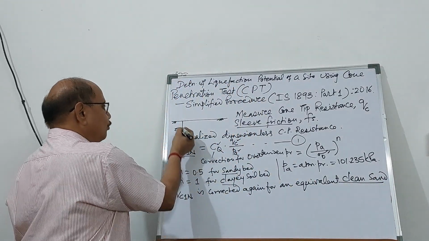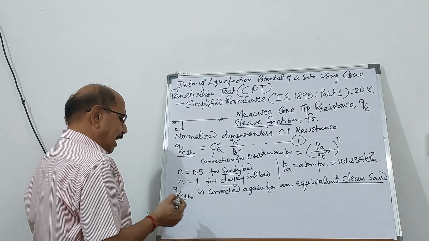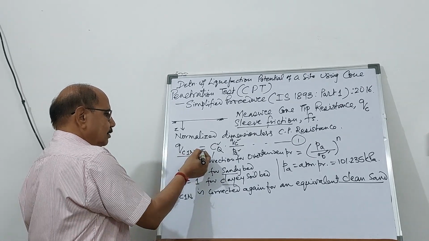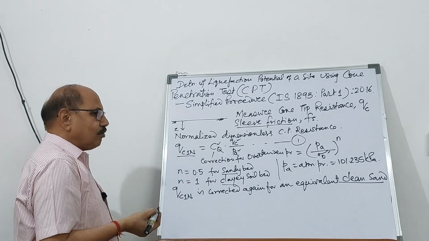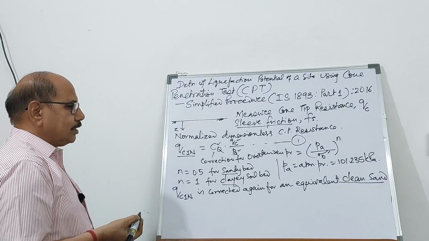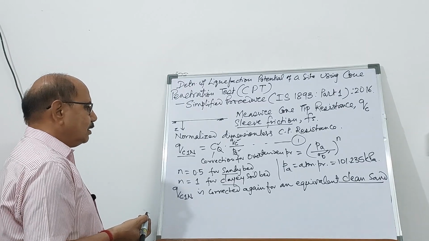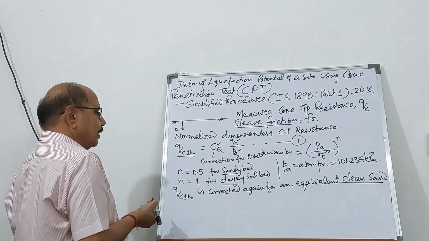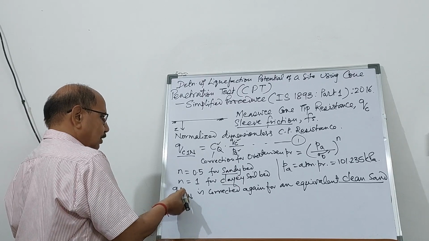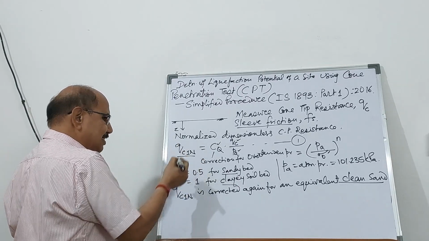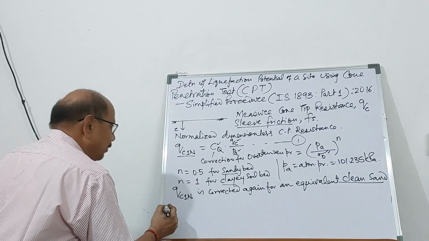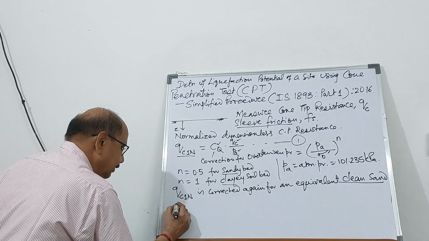If at the site you find that it is clean sand, then no correction is required. Then in that case, the QC1N for clean sand will be equal to QC1N.